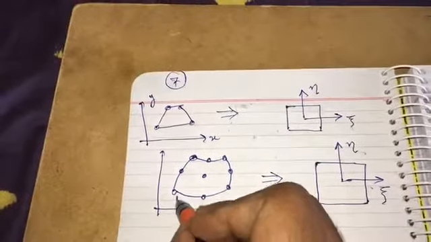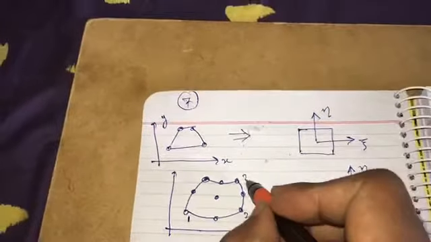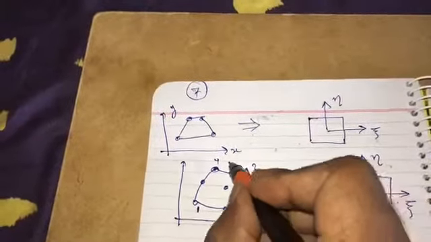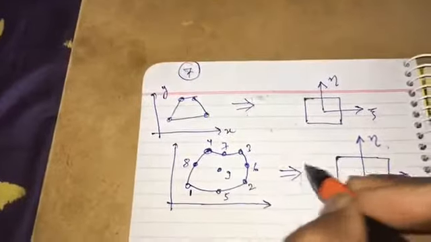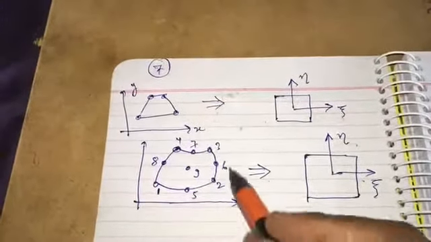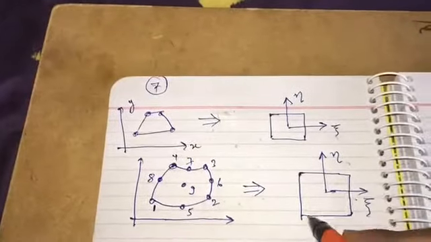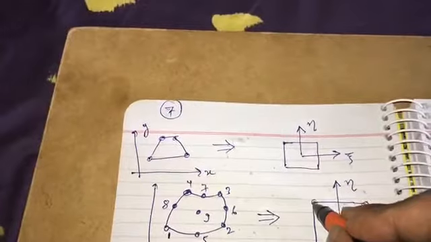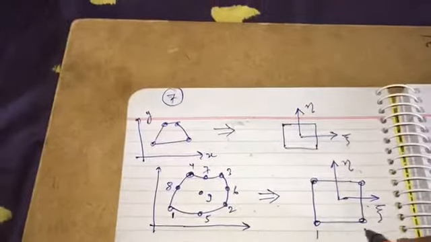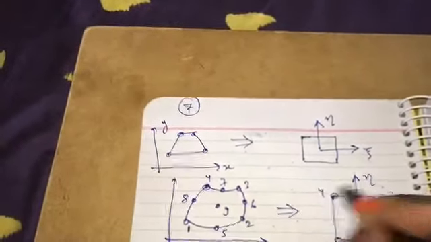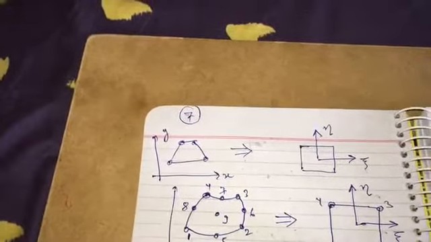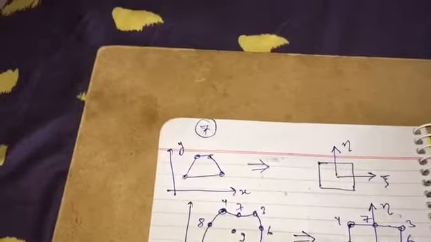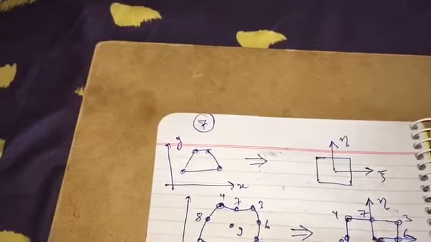So let us say this is 1, 2, 3, 4, then 5, 6, 7, 8 and 9. So these are the nodes. So the corresponding transformed element will be 1, 2, 3, 4, then 5, 6, 7, 8 and 9.